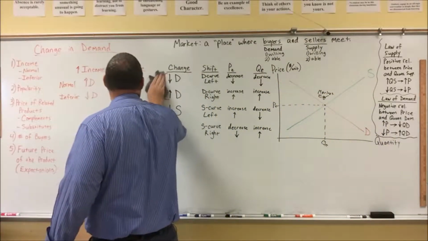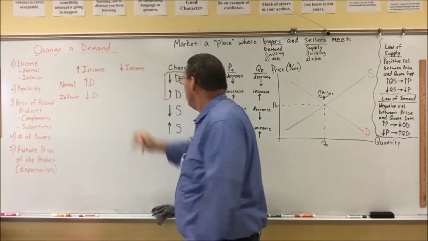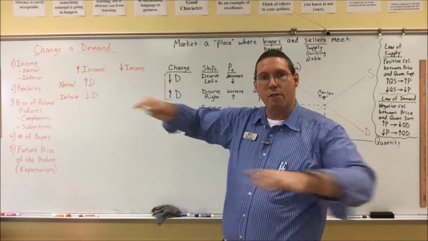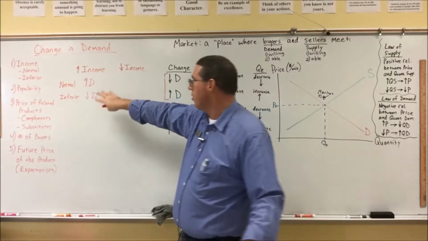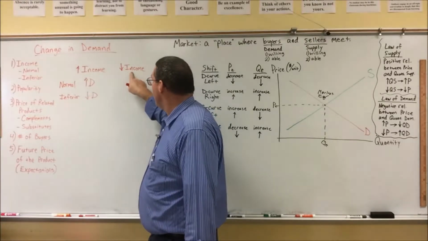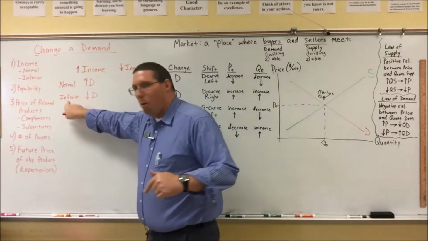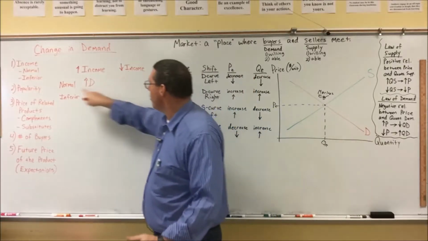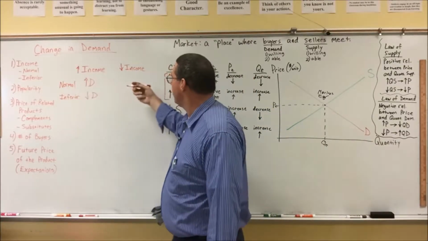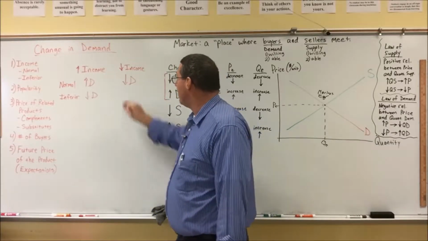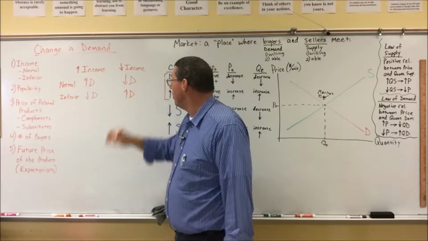Now let's see what happens if income goes down. When people have less money to spend in general, okay, in the whole market for these goods, they're going to start buying more of the inferior good and they can't really afford to buy the normal good. And that means that demand for the normal good is going to decrease, but demand for the inferior good will go up.